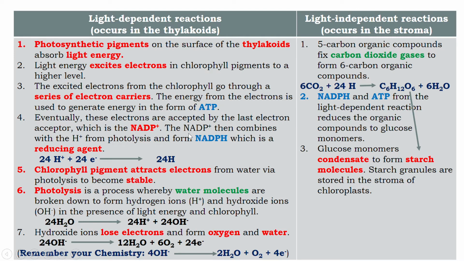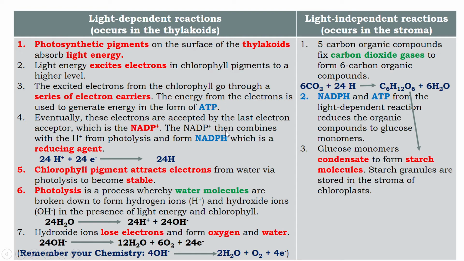So what happens is that this NADP plus will combine with the H plus from photolysis. Just now we already saw this process. It will have hydrogen ions and also hydroxide ions, right? So these hydrogen ions are the ones that bind to the NADP plus, forming NADPH.